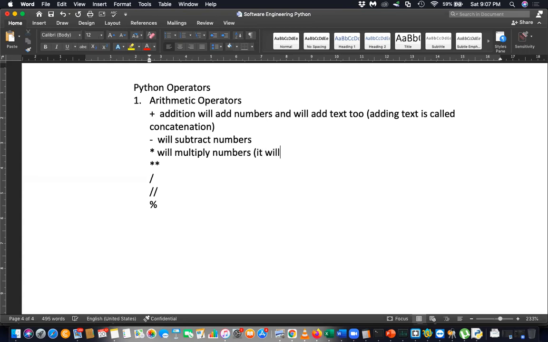It will multiply text too. It will multiply text too by concatenating.